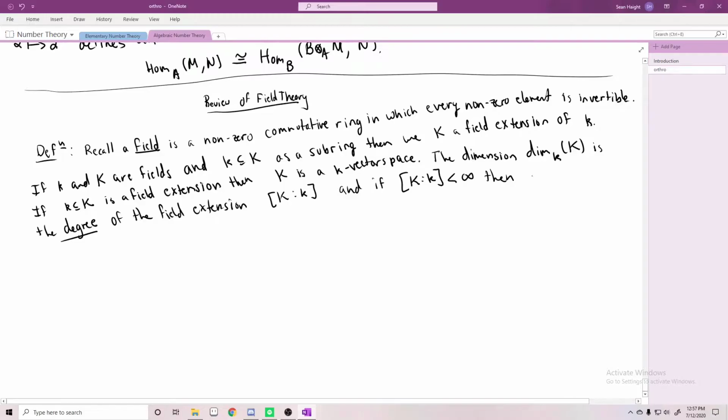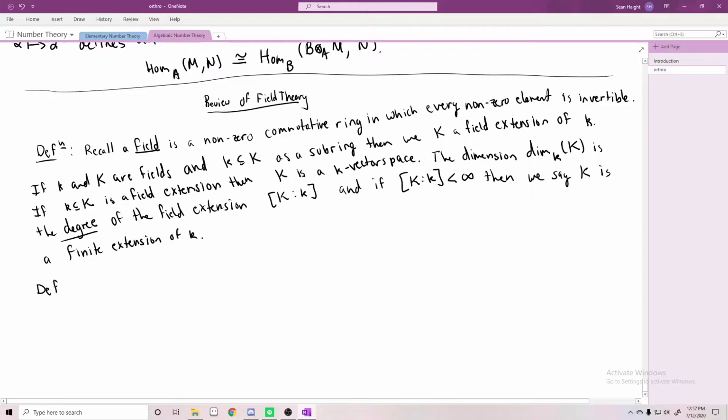We say big K is a finite extension of little k. Okay. So this is some of the basic vocabulary of fields.